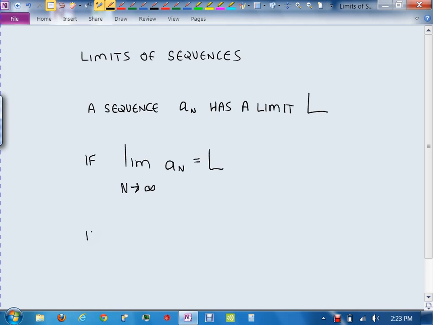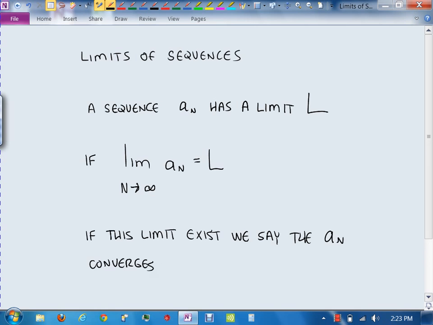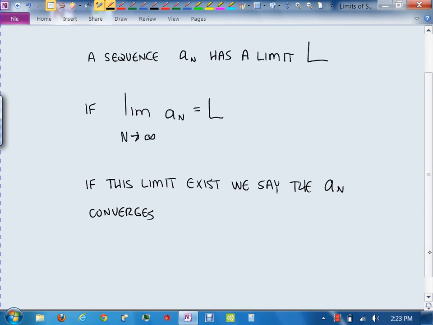Okay, if this limit exists, we say the sequence, or A sub n, converges. And we've already seen that sometimes limits don't exist.